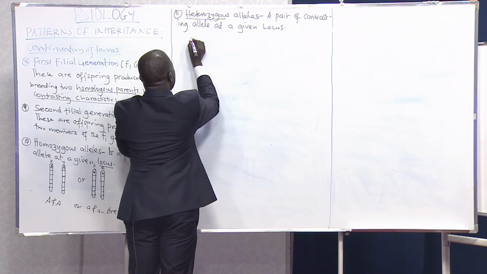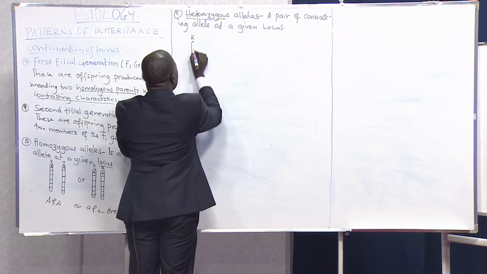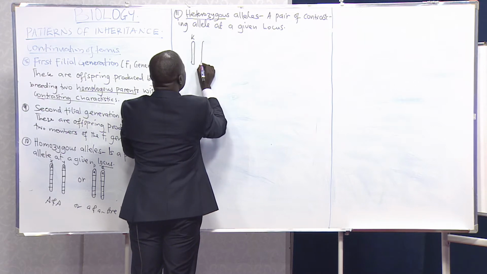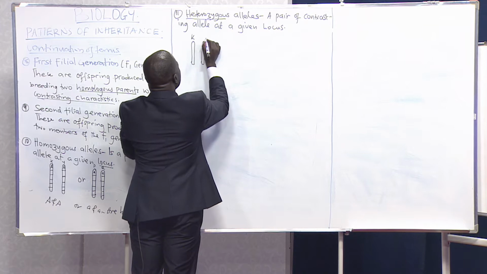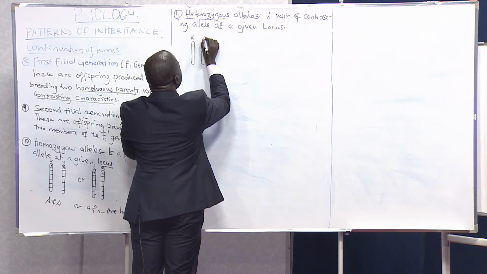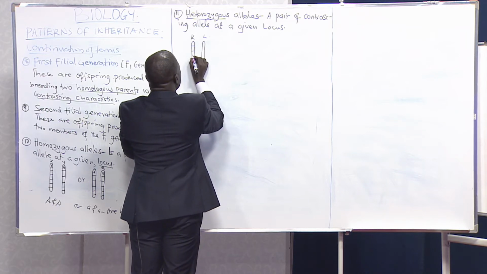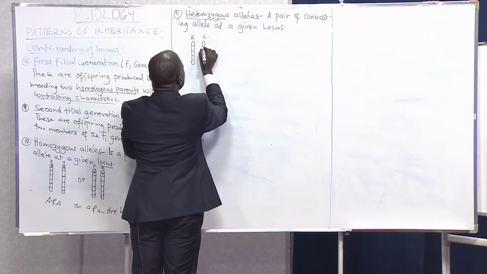If I have another chromosome K, then L, for example, they also have loci on which genes are found.